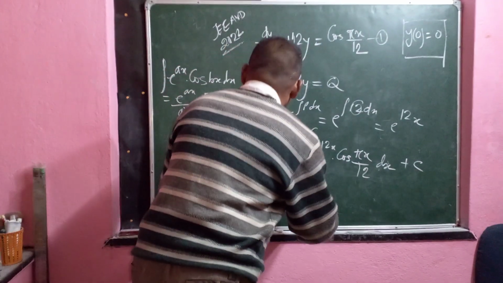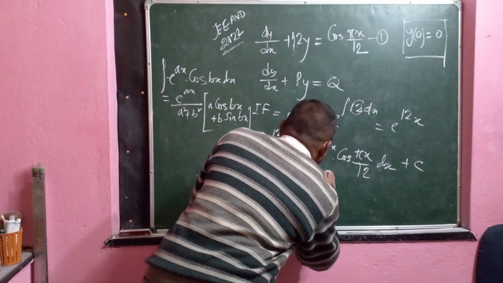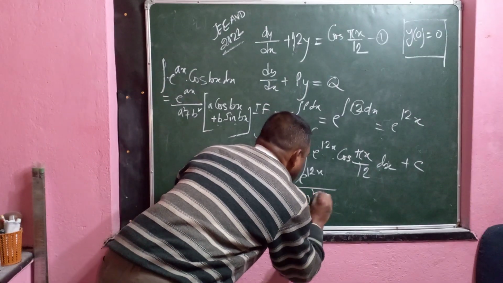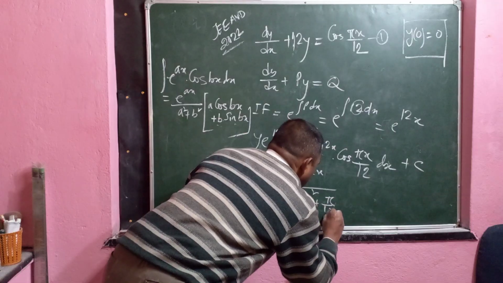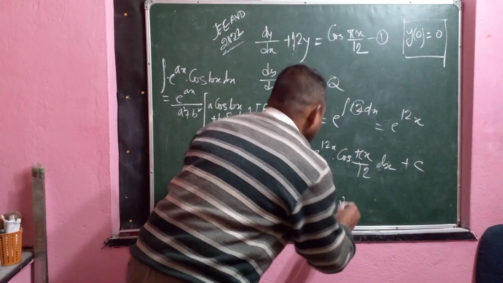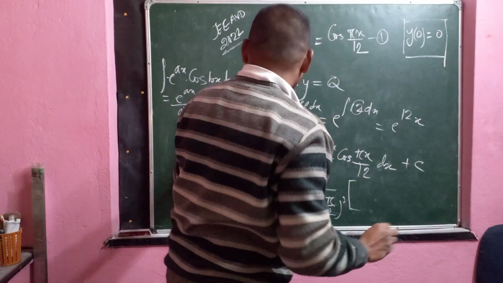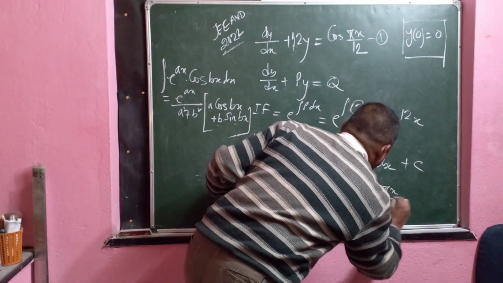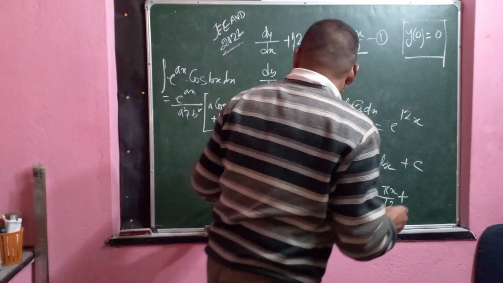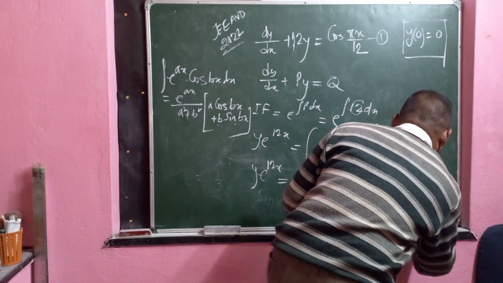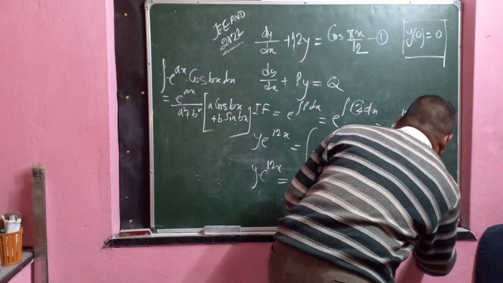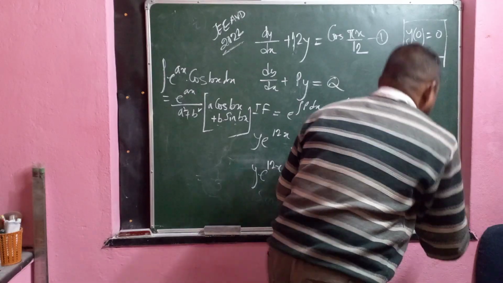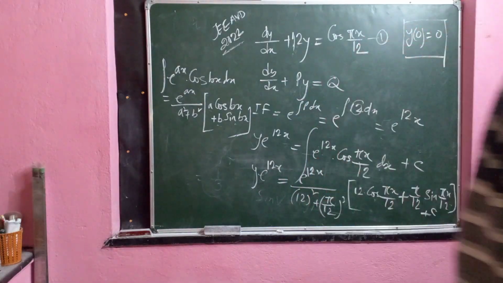Okay, so this will be e to the power 12x divided by 12 square plus b square, that is pi by 12 whole square. B is this, pi by 12. A is 12, so 12 cos(pi x by 12) plus pi by 12 sin(pi x by 12) plus c. Okay, this one.